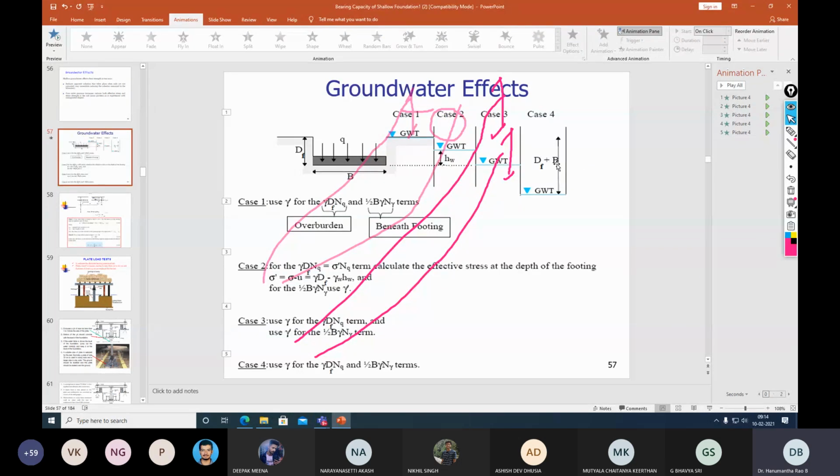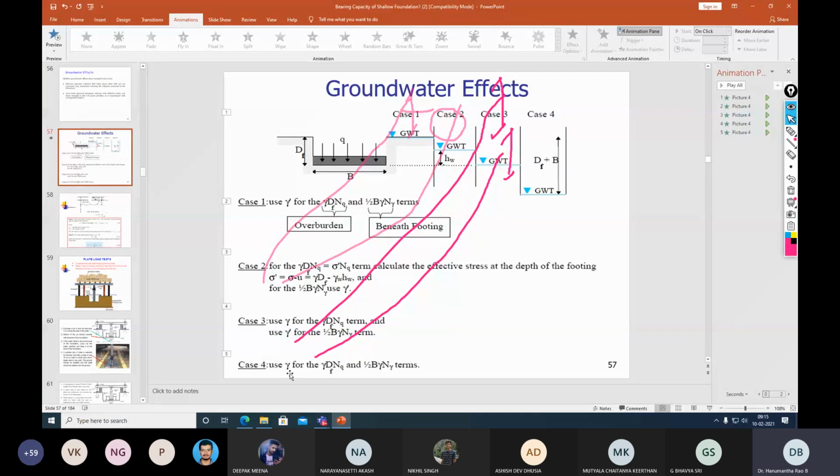Case 4. So here it is at a depth of Df plus B from the ground surface. So in this case, use gamma for the second term, that is gamma Df Nq, and same for half gamma B N gamma. That means in case 4, where the groundwater table is at a depth of B from the foundation level, or Df plus B from the ground surface, there is no impact of groundwater on the bearing capacity.